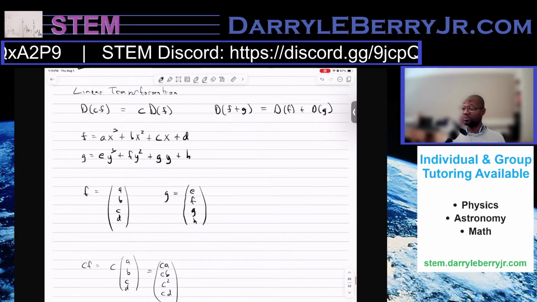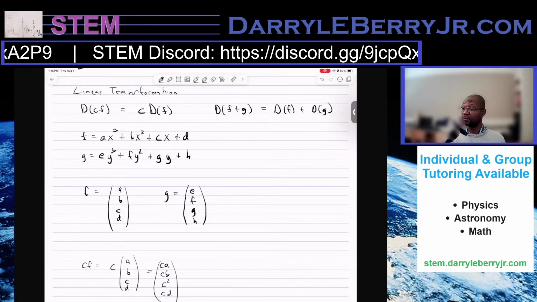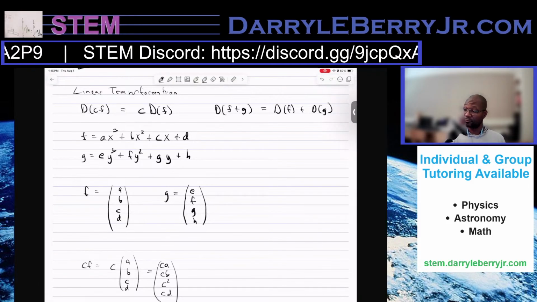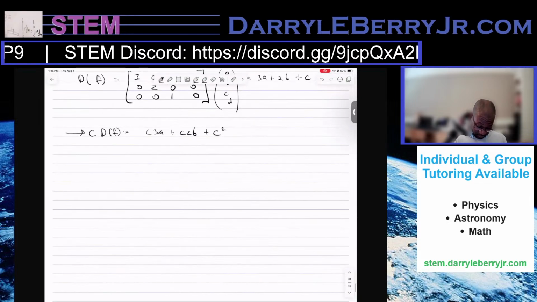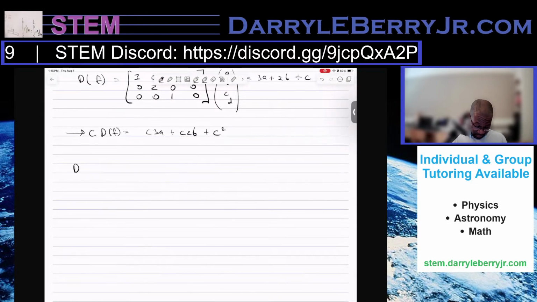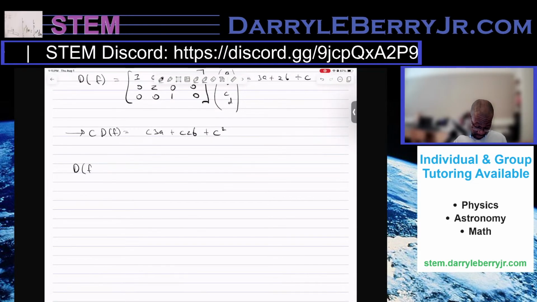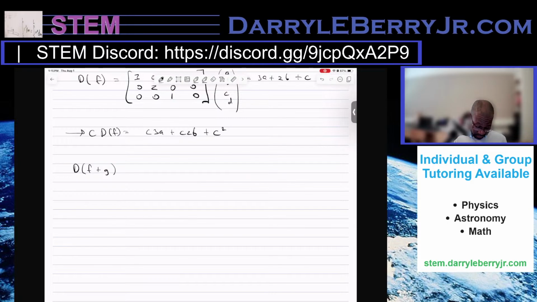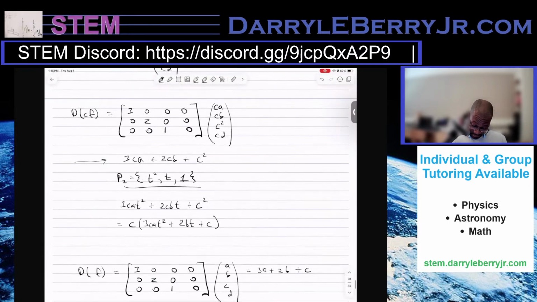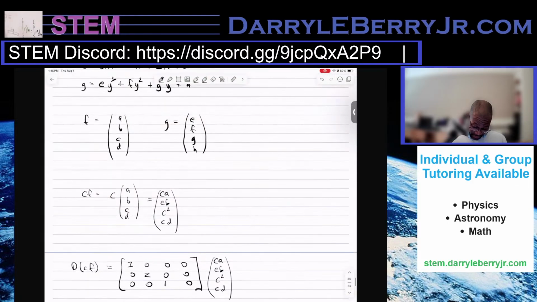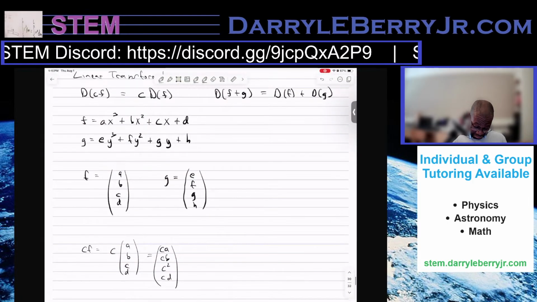And now we could do the same thing under addition. And we can say D of F plus G equals D. We're going to actually add these together.